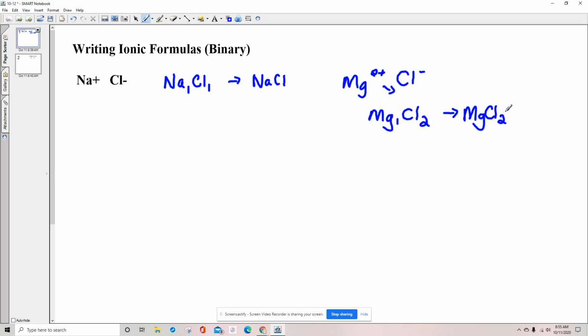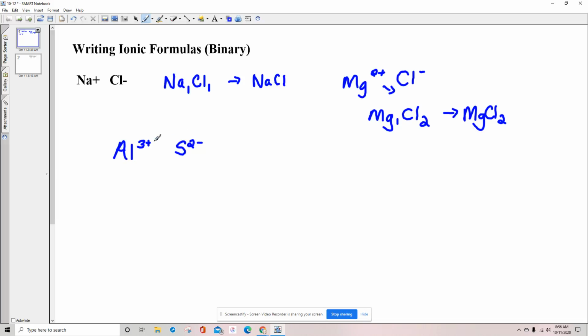So let's try another one. Why don't we do aluminum and sulfur, because that one's always a little tricky. So aluminum, again, is underneath boron, so that's going to be 3+. And sulfur is underneath oxygen, so that's going to be 2-.